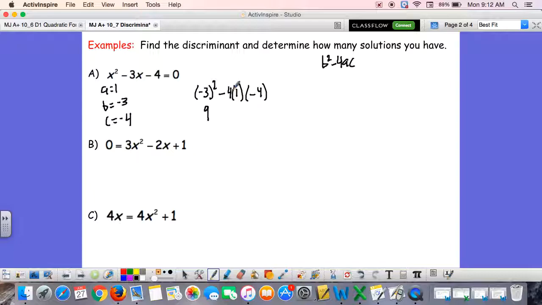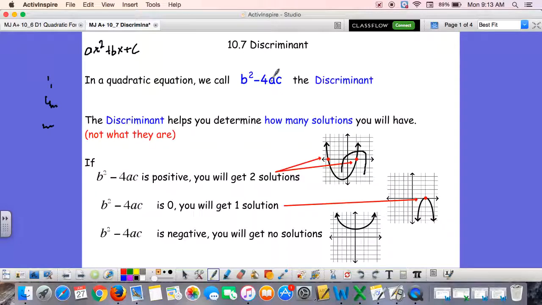Over here we have negative 4 times 1 times negative 4, so that means we're dealing with a positive 16. So we have 9 plus 16 equals 25. 25 is not the solution, but 25 is positive, so we have two solutions. Looking back, if we're positive, we have two solutions.